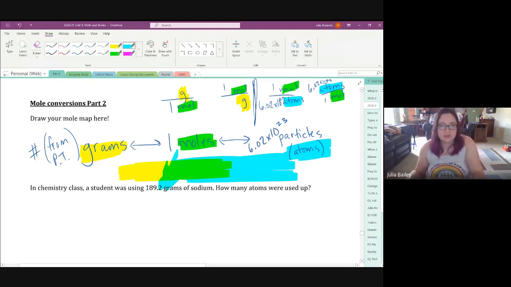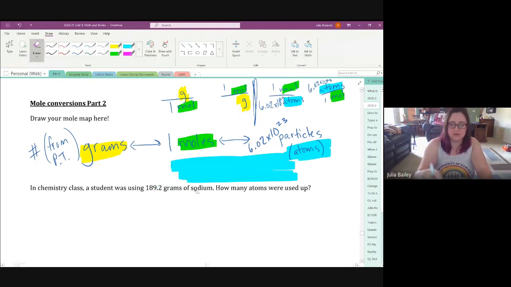Yellow and blue can never be together. They're always going to have green in between, or moles in the middle. So the color coding is to help us remember what types of conversion factors are allowed and which ones are not allowed. So with that in mind, let's try a problem that uses more steps.